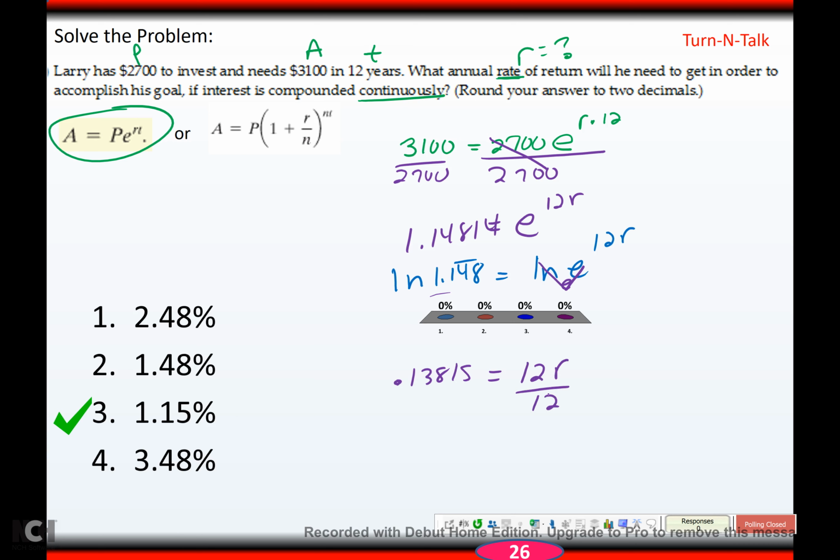So now if I divide by 12, my rate is 0.01151252282. Now, when you're looking for a rate, you're looking for a percentage. The formula will give you your answer in a decimal form. To change a decimal to a percent, you move 2 places to the right, and that's where they got their 1.15%. Okay?